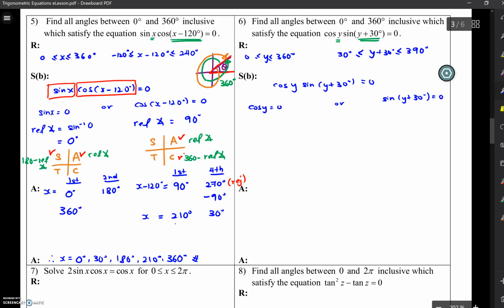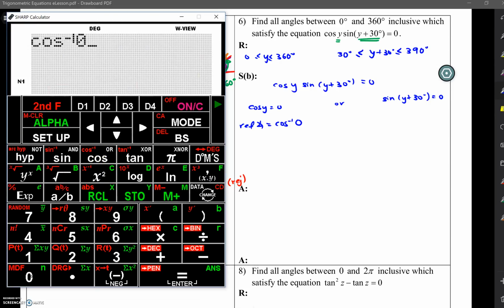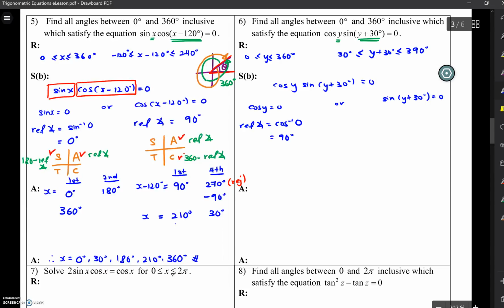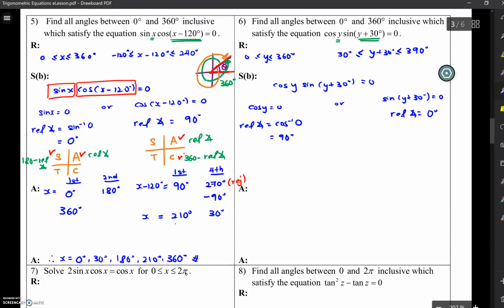So now let's find our reference angle. To find it, we take cosine inverse 0. On our calculator, we do second function cosine 0, and the answer you get will be 90 degrees. Similarly for the other one, we get the reference angle to be sine inverse of 0, which gives us 0 degrees.